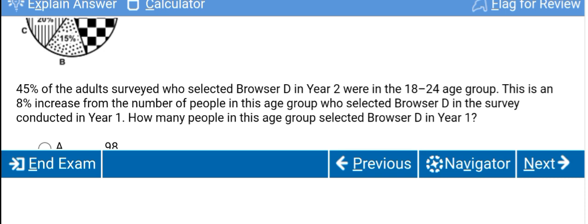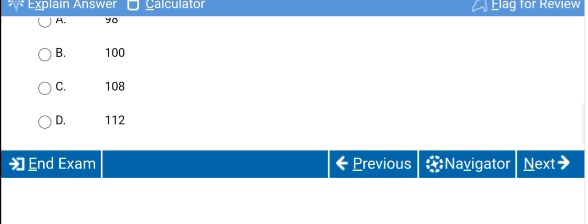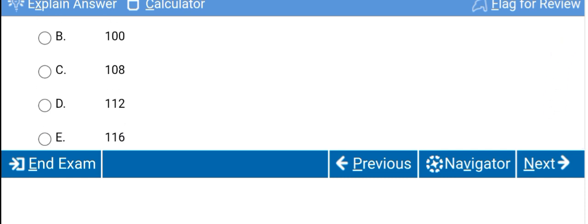How many people in this age group selected browser D in year 1? Option A, we have 98. Option B, 100. Option C, 108. Option D, 112. Option E, 116.